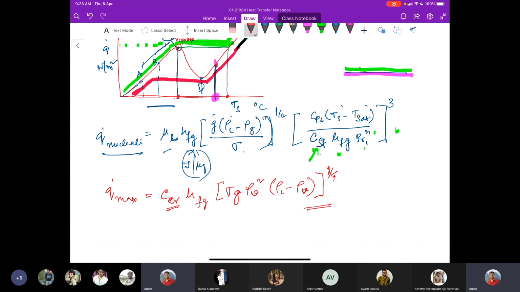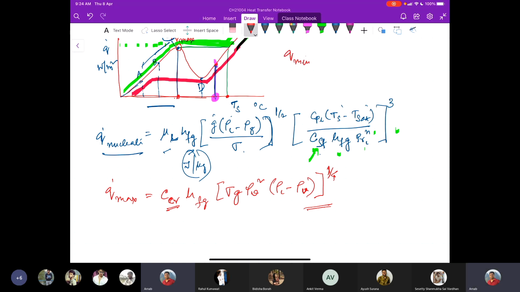So minimum heat flux, that is also essential to understand. Okay, that is the lower limit of the heat flux in the film boiling region. And that is having a relation that looks like.